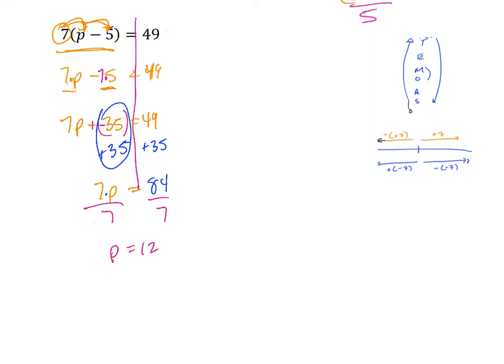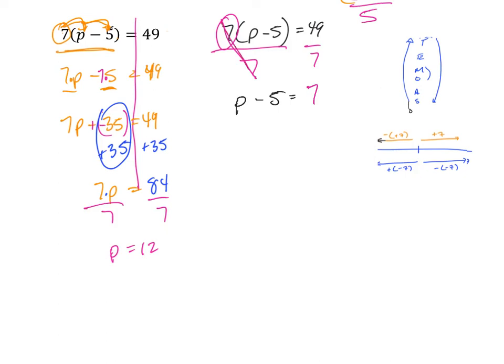Now, I taught you in class to do it a different way. If you had 7P minus 5 equals 49, you could say, well, who's mama? Here's mama. I'm going to just get rid of mama and divide both sides by 7. Because 7 divided by 7 is 1. So now I just have P minus 5, and 49 divided by 7 is 7.